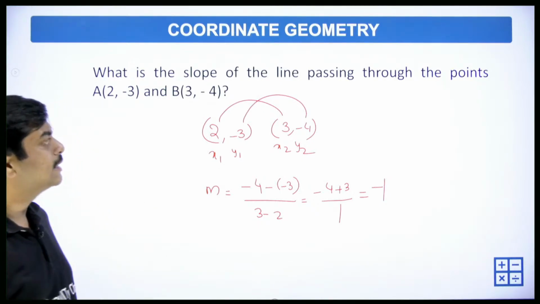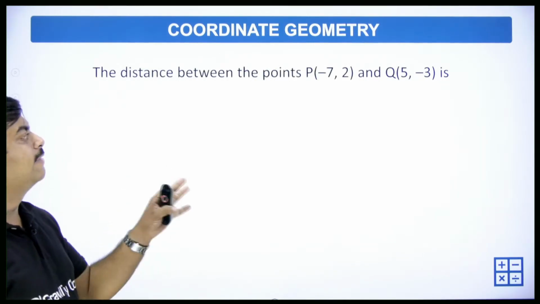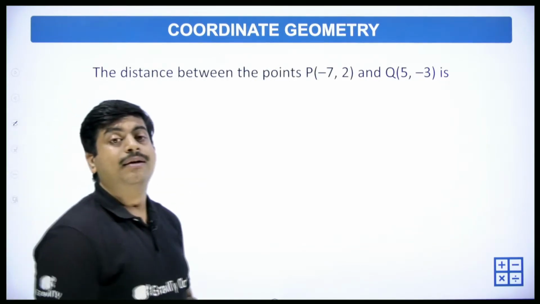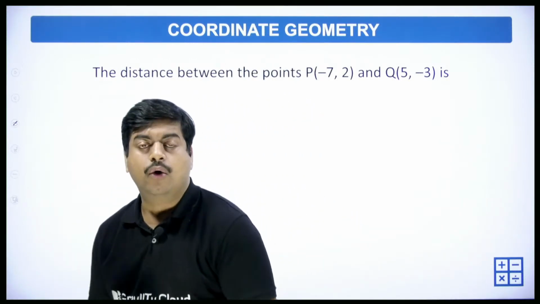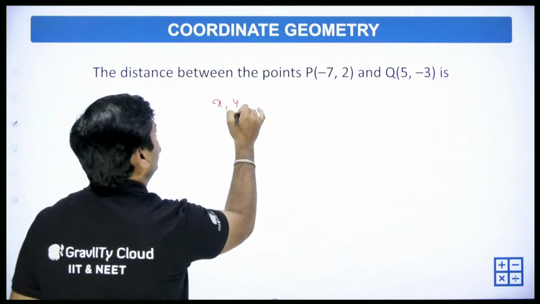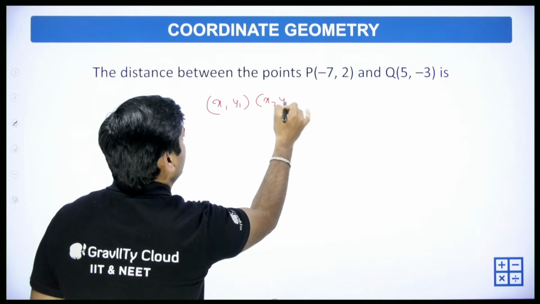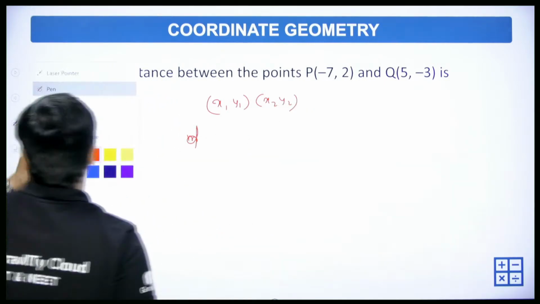Moving ahead, the distance between the points (-7, 2) and (5, -3). What is the formula to find the distance between two points x1, y1 and x2, y2? Not slope, we are trying to find the distance.